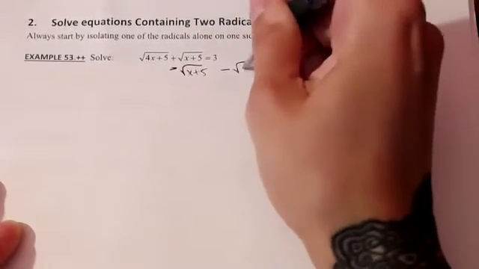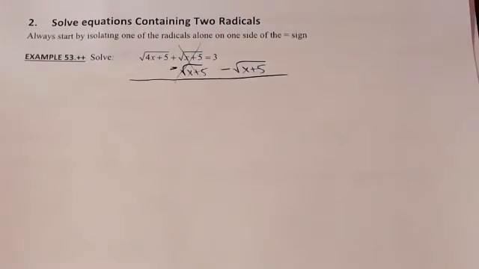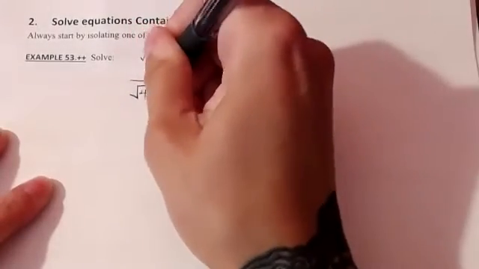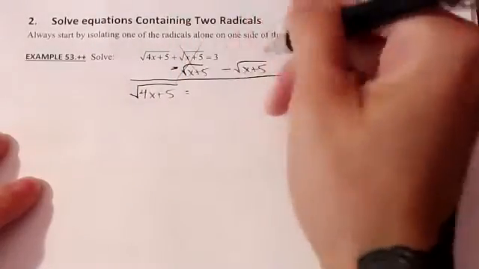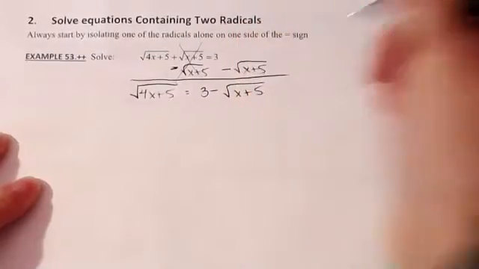So subtract the square root of x plus 5 on both sides. This is one term that goes away, right? It's a group, an entire expression, that moves over. That leaves us with the square root of 4x plus 5. Ooh, I don't like that pen. Let's try this one. Is equal to 3 minus the square root of x plus 5.